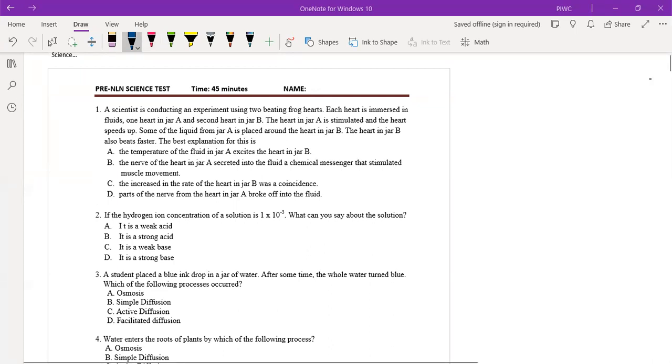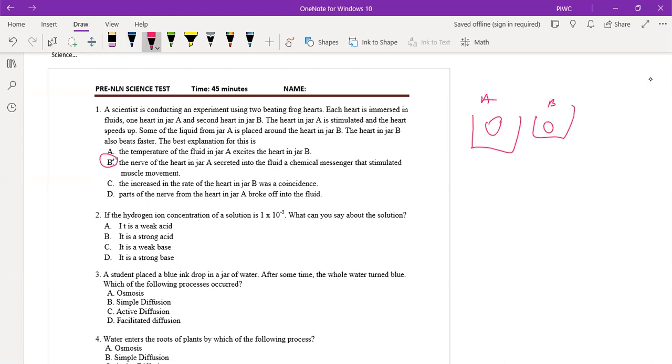But what did you choose? B. B, correct. Yeah, it's B. Okay, right. So what happened? There was something released, if this is A, there was something released into the fluid by the heart that when transferred into this also stimulated it.